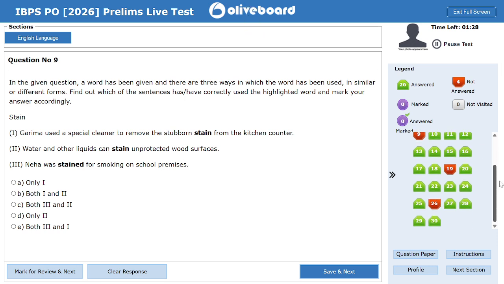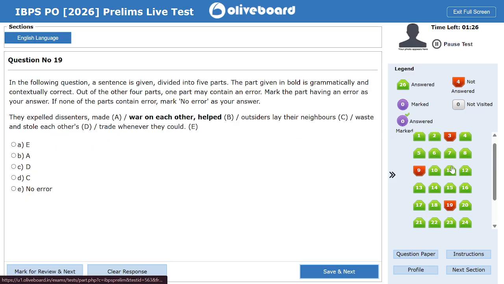Kuch. They expelled dissenters, made war on each other, helped outsiders. Each other's trade.